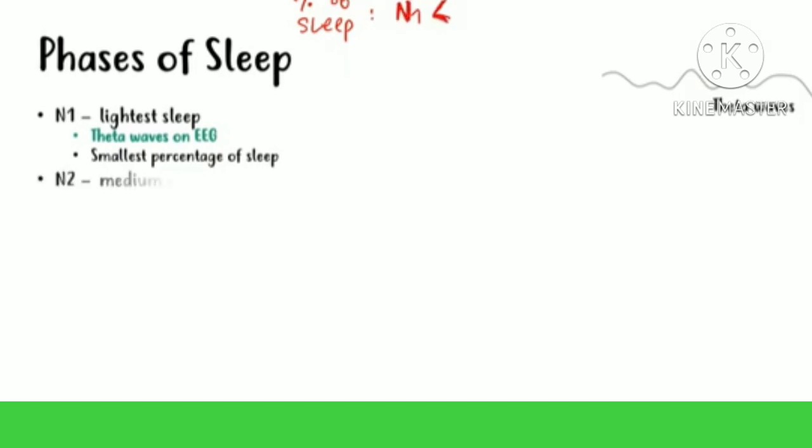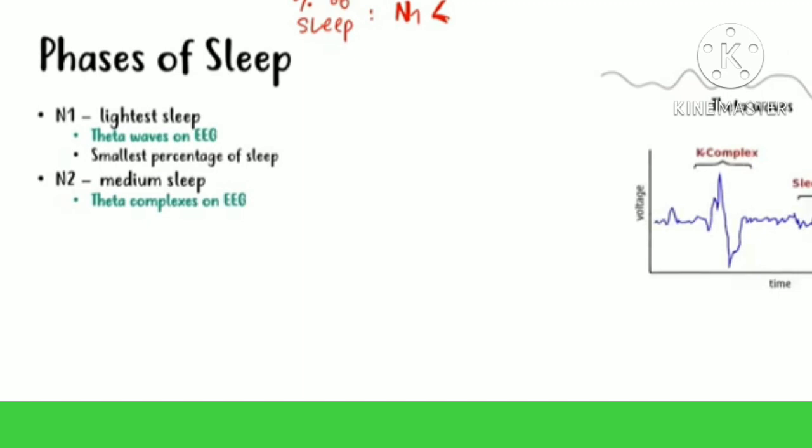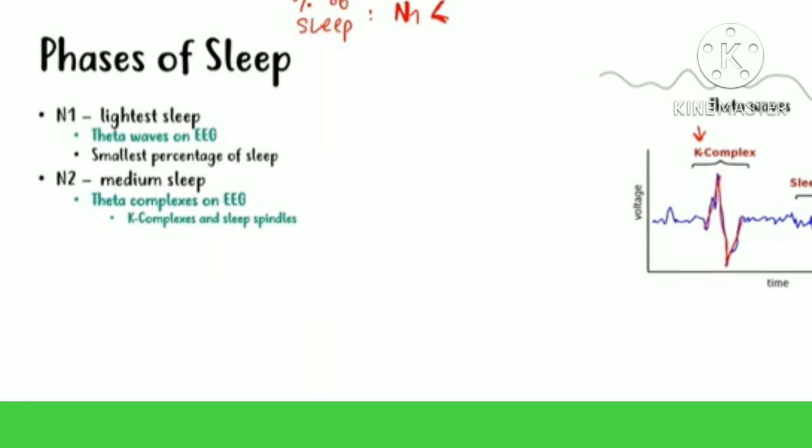And then after N1, you're going to have N2, which is medium sleep. In N2, you're going to have theta complexes on the EEG, which look like this right here. And the theta complexes have 2 main key features or characteristics. The first one is K complex, which is this characteristic increase, decrease, and back increase, kind of like a QRS complex, right? It looks very similar. And you have these sleep spindles right here. That should give you indication of N2.